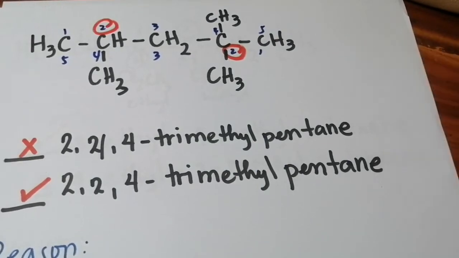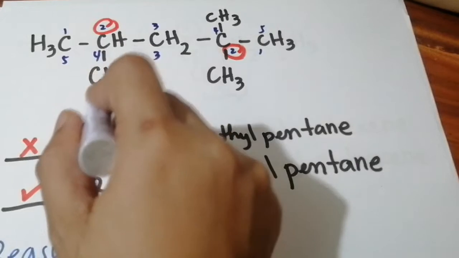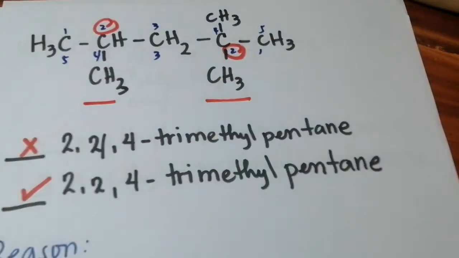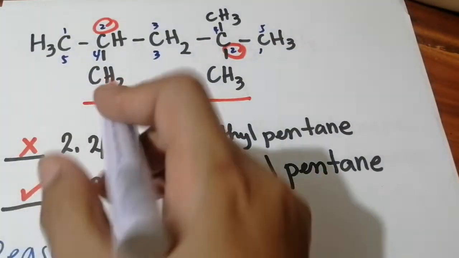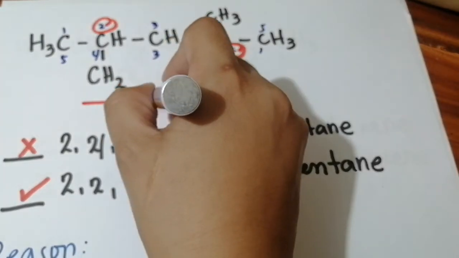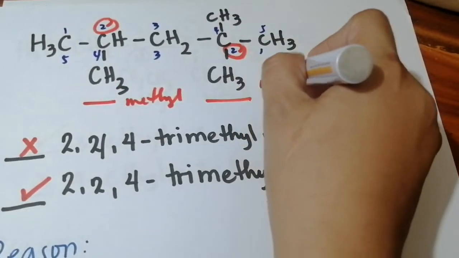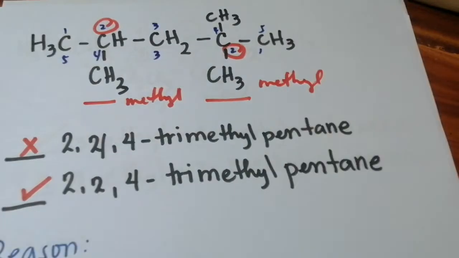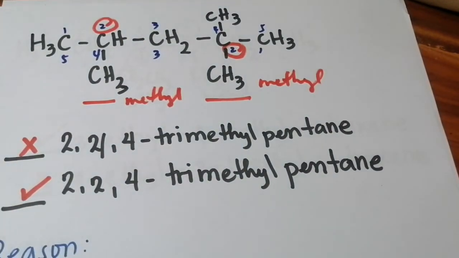Same side on both sides, they are located. And the substituents this time are the same. All the substituents, or the branching, are methyl.